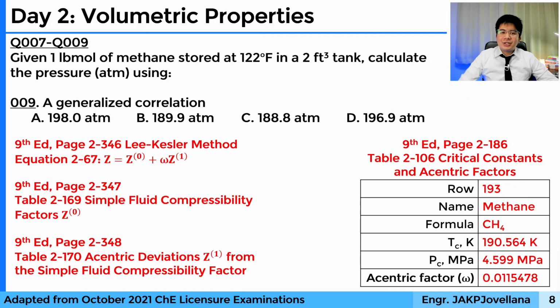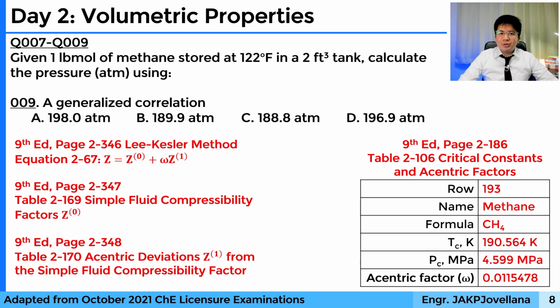So for our last question, number 9, we can calculate the pressure using a generalized correlation. This generalized correlation can be based on the Lee-Kessler method. From the Perry's Handbook, the Lee-Kessler method is calculating the compressibility factor Z. This is equal to Z0 plus omega Z1.